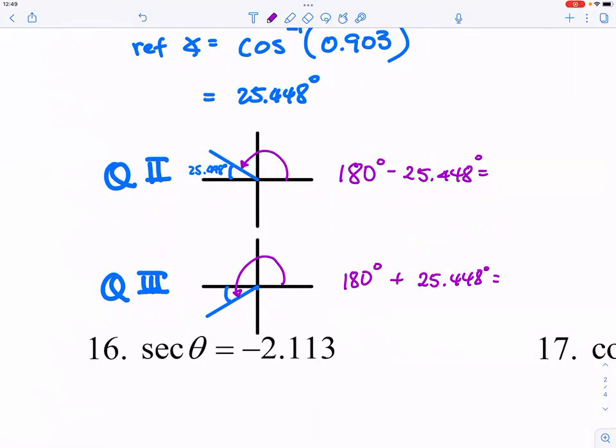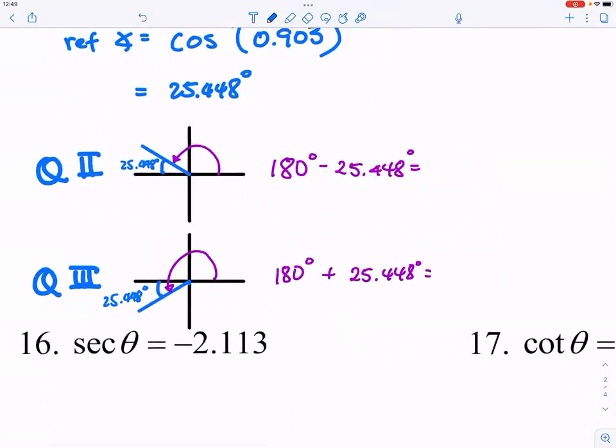So 180 plus that little reference angle. That's the answer. Don't make it overly complicated. It's possibly easier than you might have thought at the beginning.